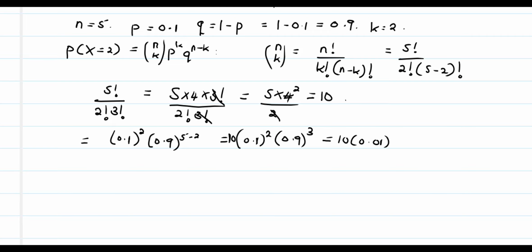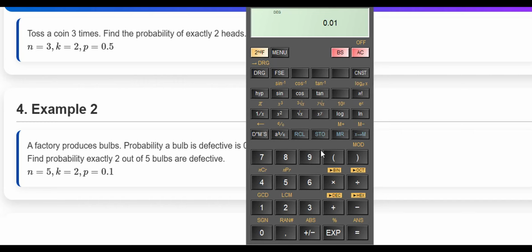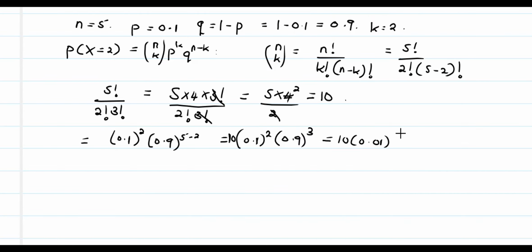Then again, we go back to 0.9 cubed. And 0.9 cubed is the same as 0.9 multiplied by 0.9 again, then multiplied again by 0.9, so that it is 3 times. So it becomes 0.729.